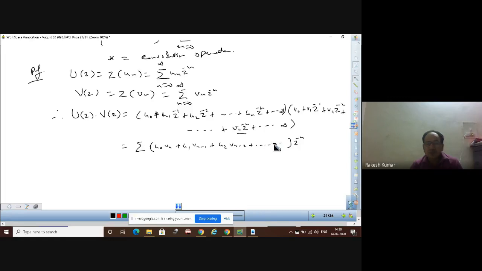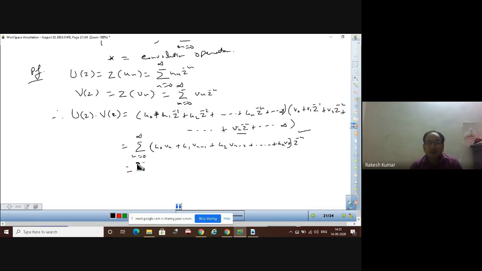The process will go on, and the last term will be the nth term u_n, which will be multiplied with the first term of the next series, that is v_0. So this is the way to find the coefficient. And n varies from 0 to infinity. There are more multiplication terms, and these terms have been registered over here in the summation. So when you open the summation, you will get all the terms.